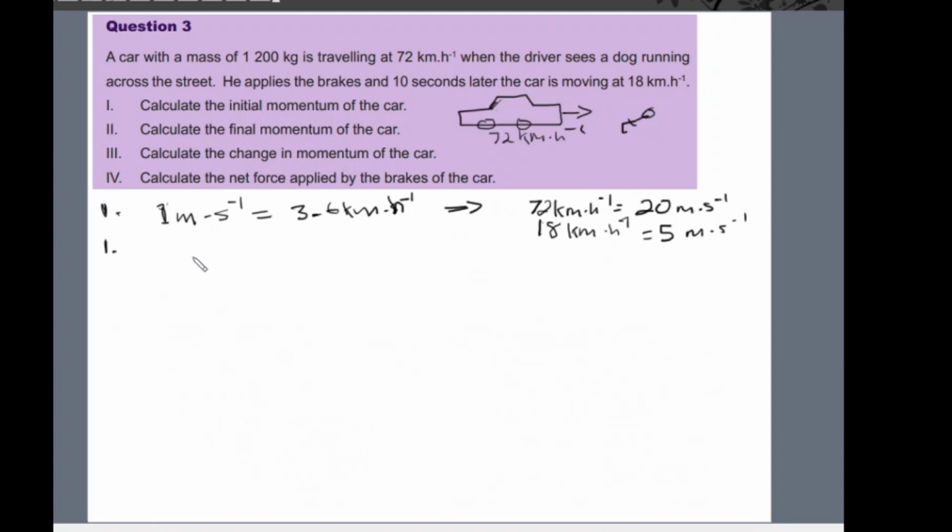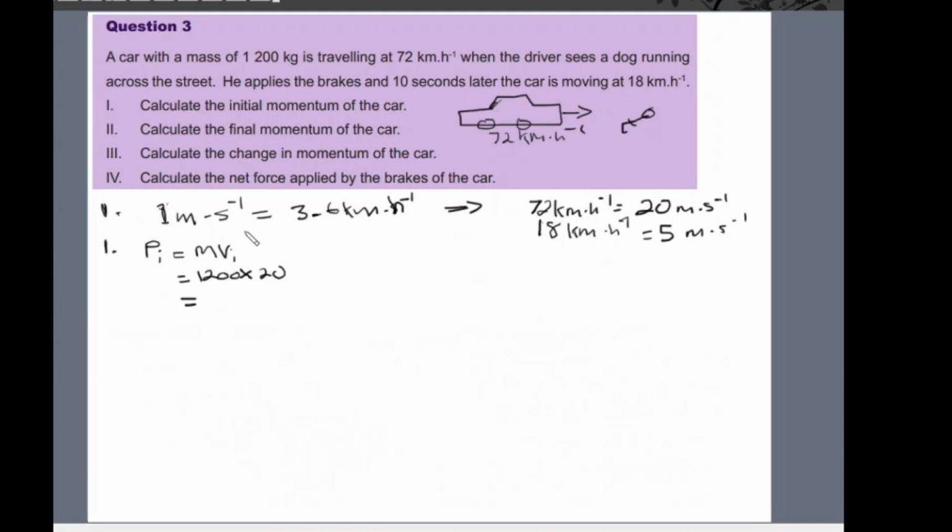Calculate the initial momentum of the car. So initial momentum of the car is the mass of the car times the initial velocity, right? Where the mass of the car is 1,200 kg times the initial velocity, which is 20 meters per second.